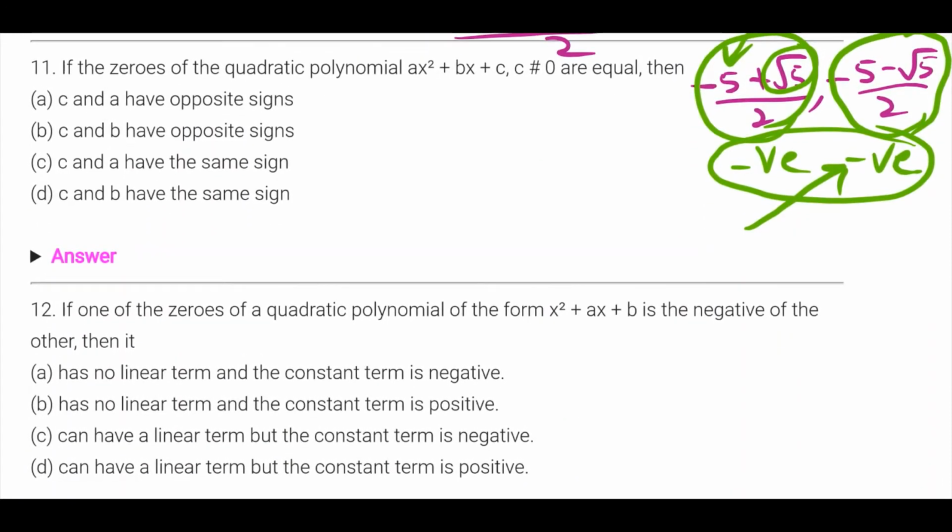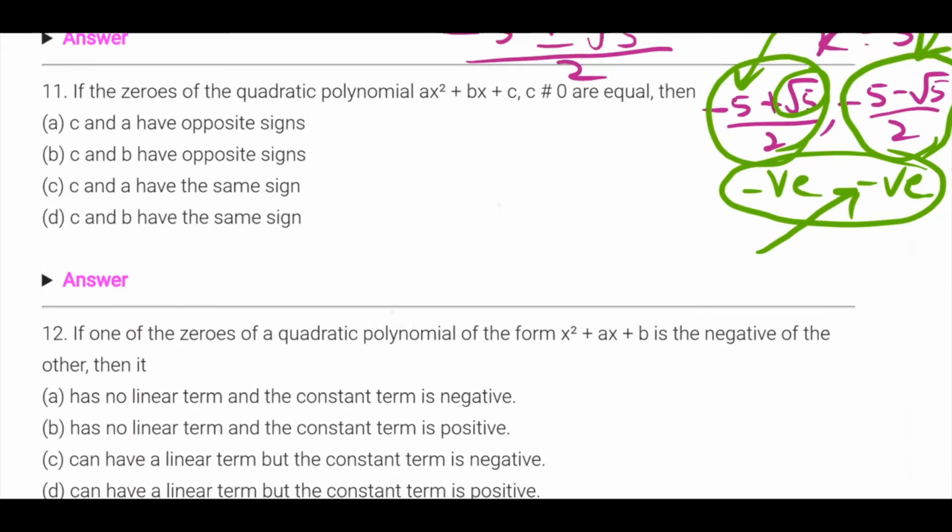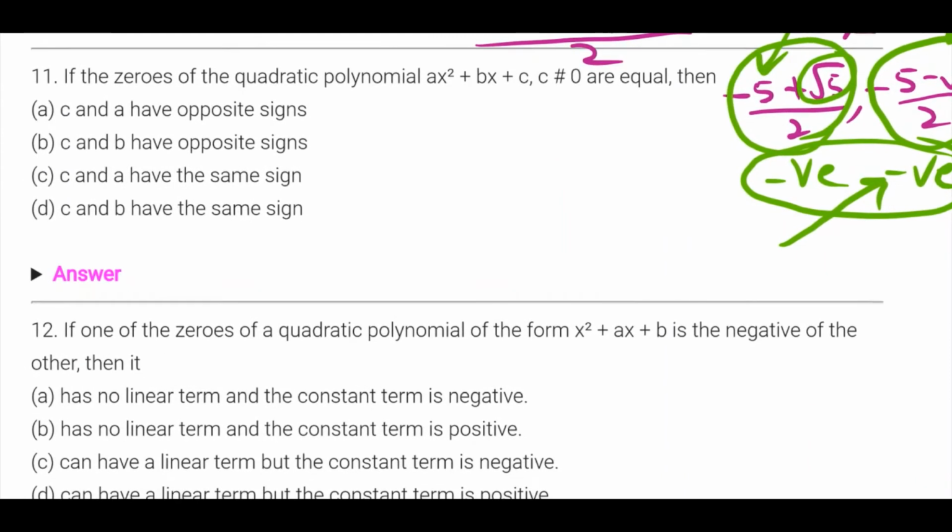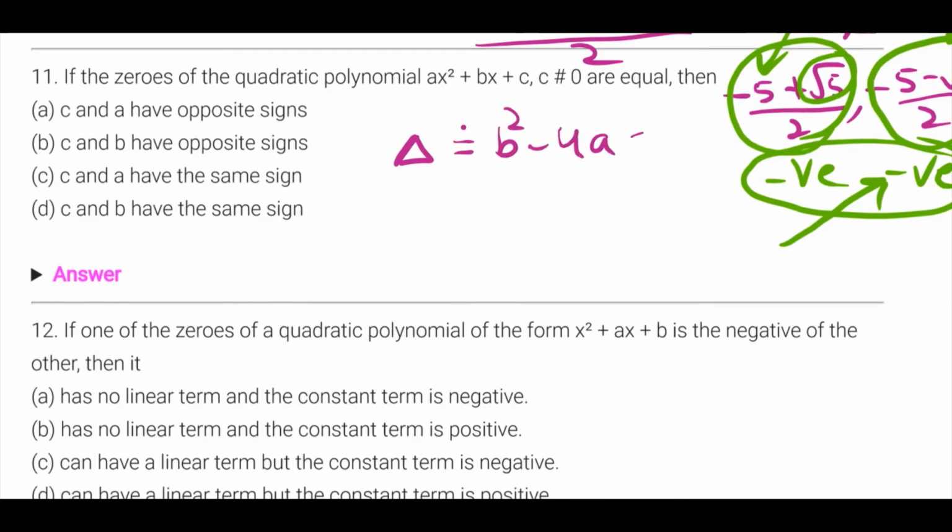Next, 11th question. If the zeros of the quadratic polynomial ax square plus bx plus c are equal, then... given that roots are equal. For roots to be equal, the discriminant b square minus 4ac should equal 0. So b square equals 4ac.